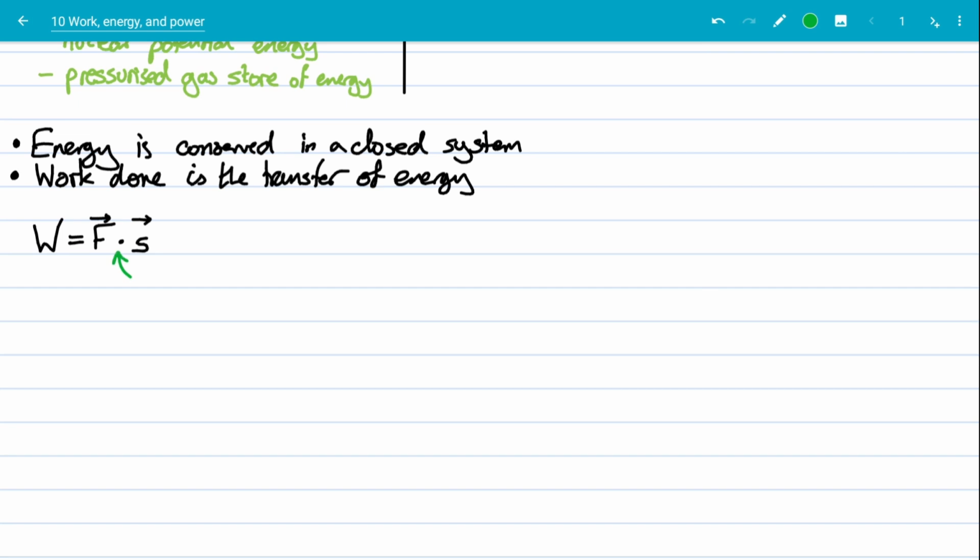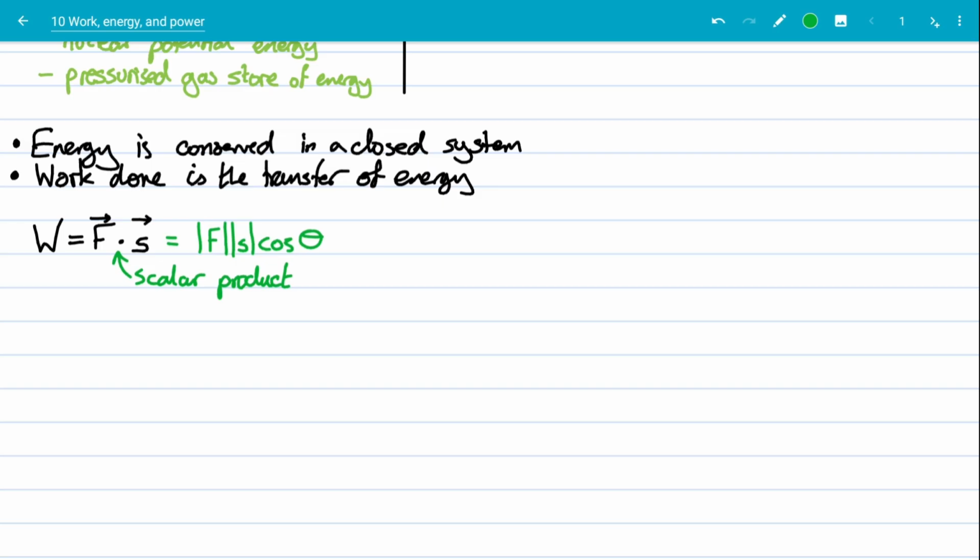This is a scalar product. And that is shorthand for the magnitude of F multiplied by the magnitude of S multiplied by the cosine of the angle between F and S. Is it the cosine?